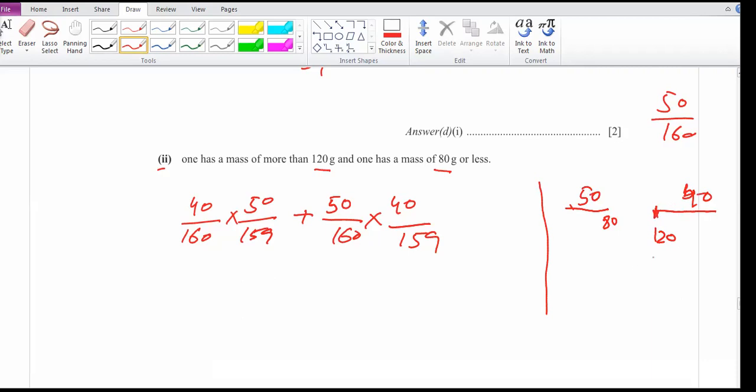Now when we choose, what can be the possibility? Maybe the first we choose from here and the second from here, because we are choosing two. We don't know which one will first come in our hands. So if the first is from this one, the probability will be 40 over 160, and for the second, these are 50, but now the total is not 160. The total is now 159.